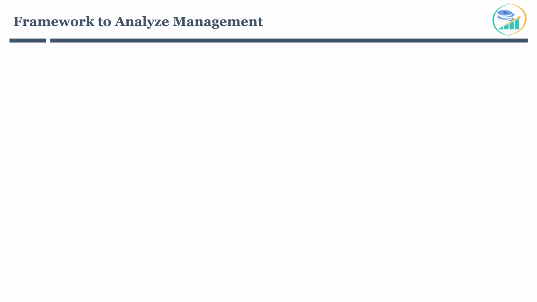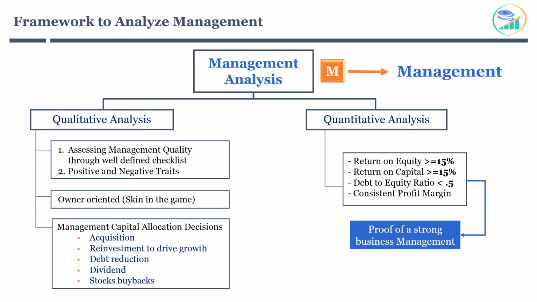In the previous session, I explained the management analysis framework. We classify management analysis into two broader categories: qualitative analysis and quantitative analysis. Qualitative analysis is subdivided into three sections. We assess management quality through a well-defined checklist to understand positive and negative traits that help with investment decisions.